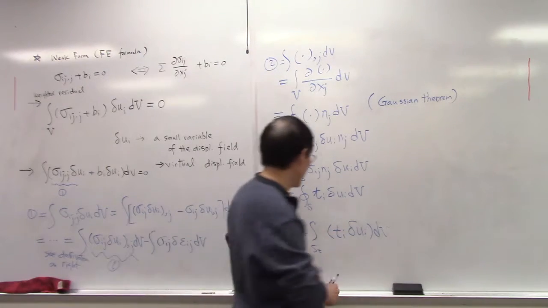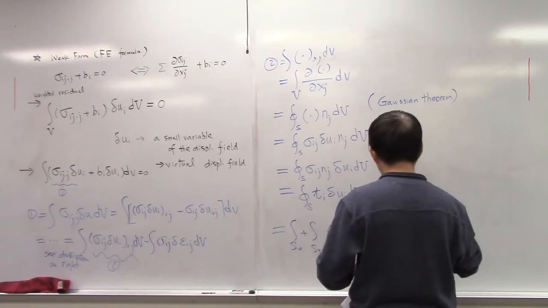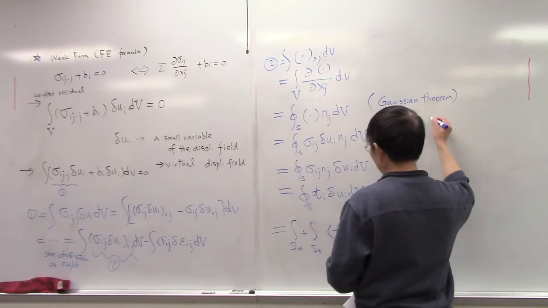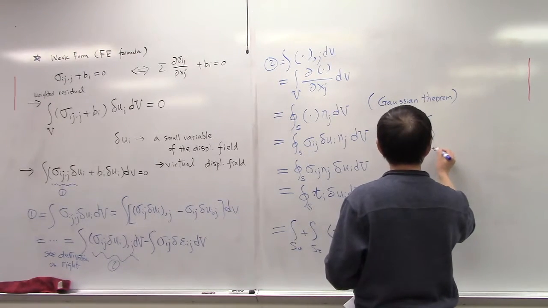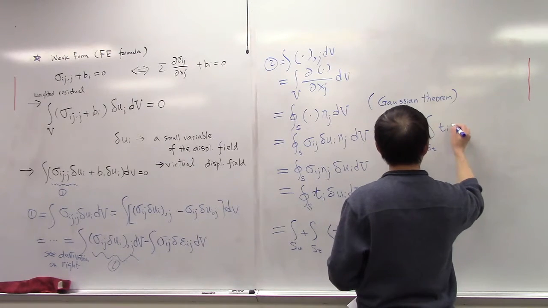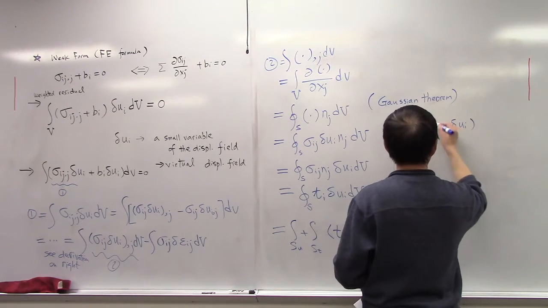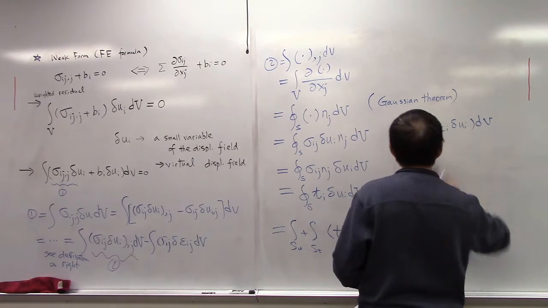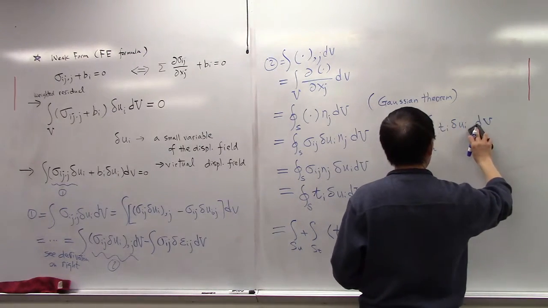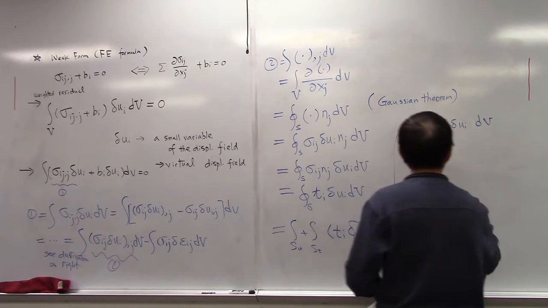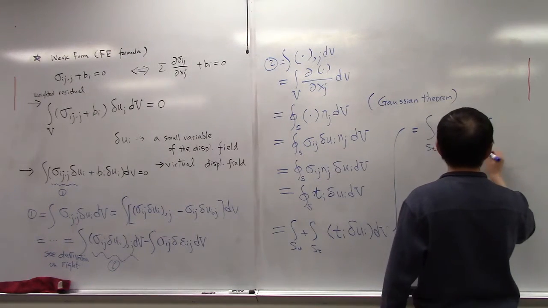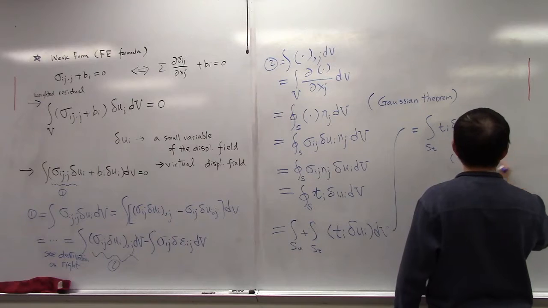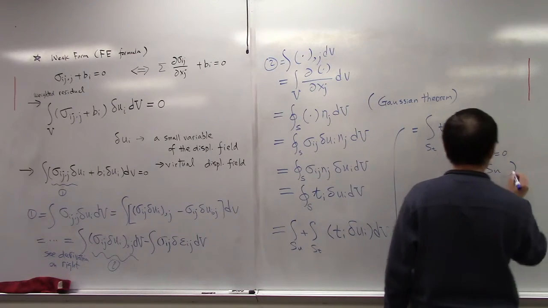Therefore, this is equal to the integral over S_T of T_i delta u_i dv only, because delta u_i equals 0 on S_u.